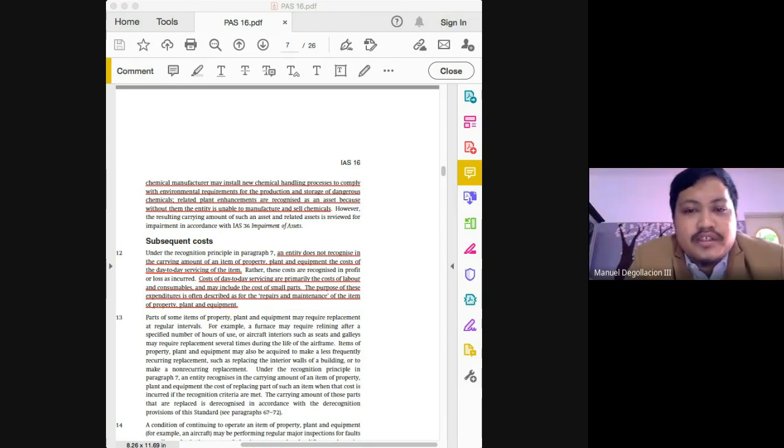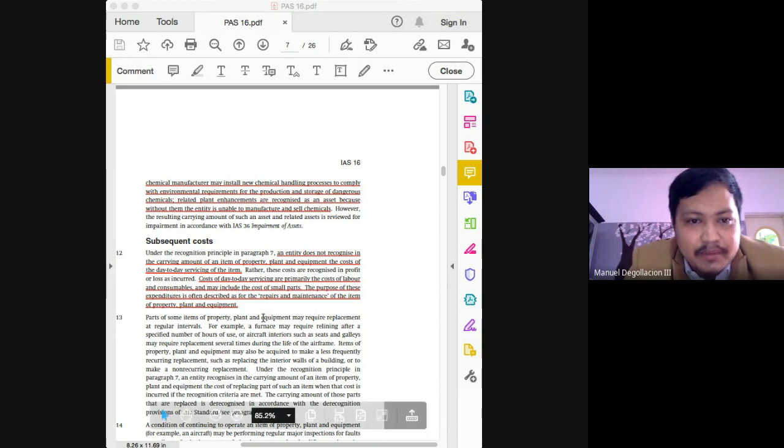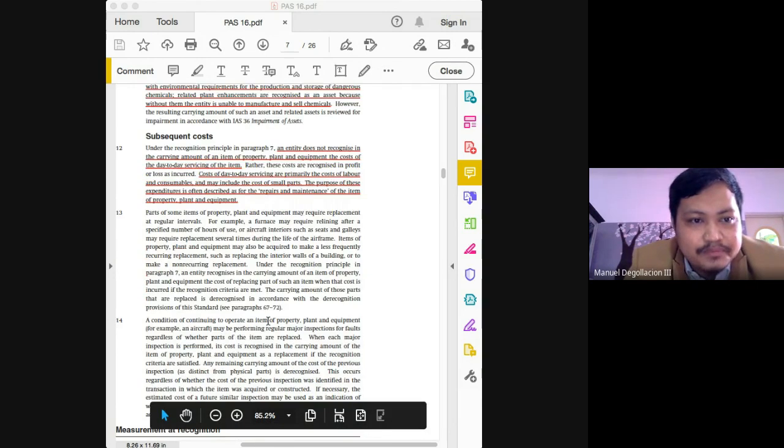Costs of day-to-day servicing are primarily the costs of labor and consumables and may include the cost of small parts. Okay, the purpose of these expenditures is often described as for the repairs and maintenance of the item of property, plant, and equipment.